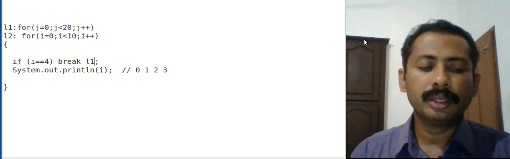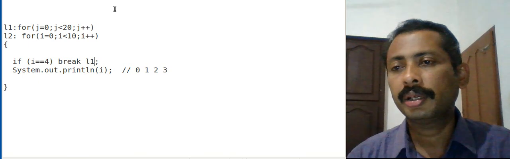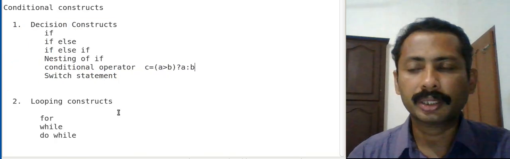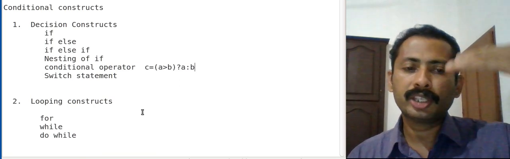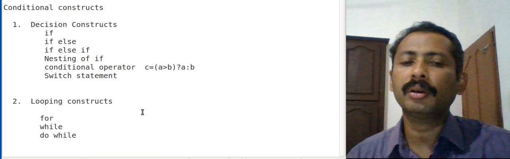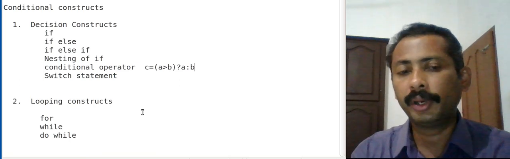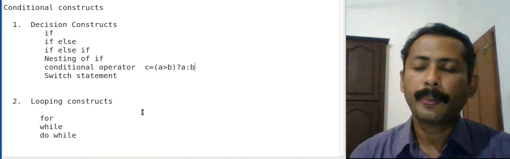So these are about control structures, decision and looping constructs. Okay, so these constructs will change the execution order depending on the decisions made or the conditions. Depending on the conditions, the execution path changes.